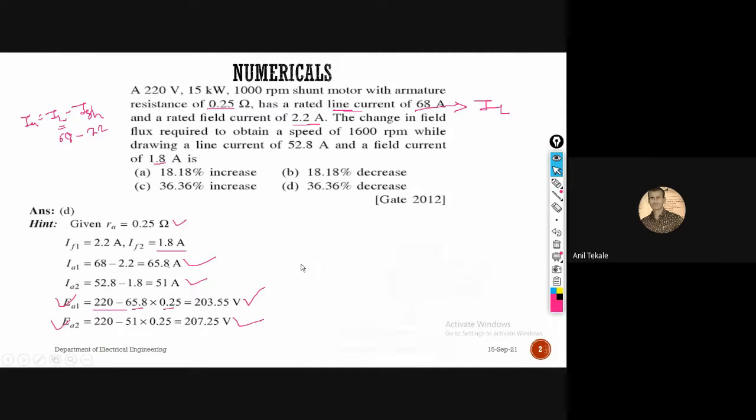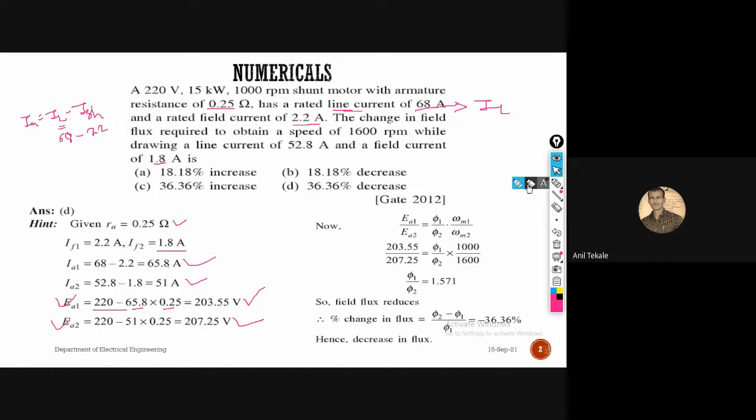So then what will be next? The next, we know there is an equation: EA1 divided by EA2 is equal to phi1 by phi2 into omega m1 by omega m2. First important thing, EA1 we have calculated, EA2 we have calculated, so we have to take these two values. Phi1 and phi2 we will keep as they are. Omega m1 is given as 1000, omega m2 is 1600, we will take that value.